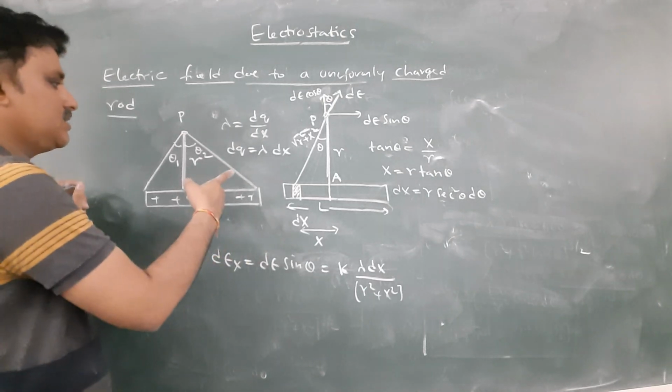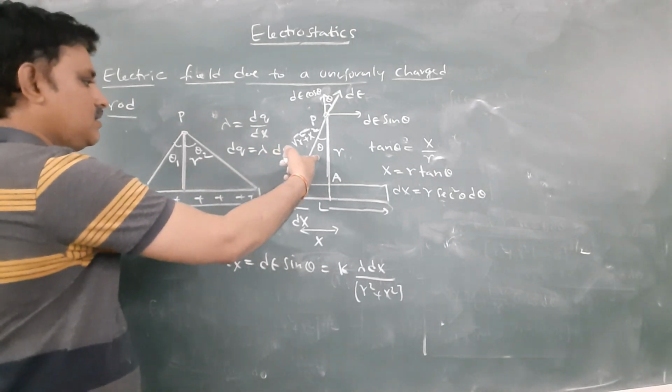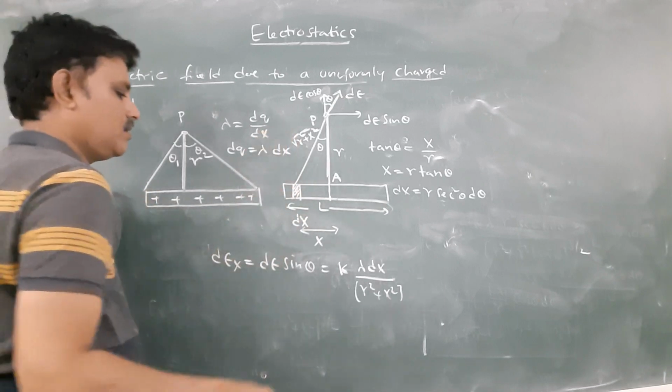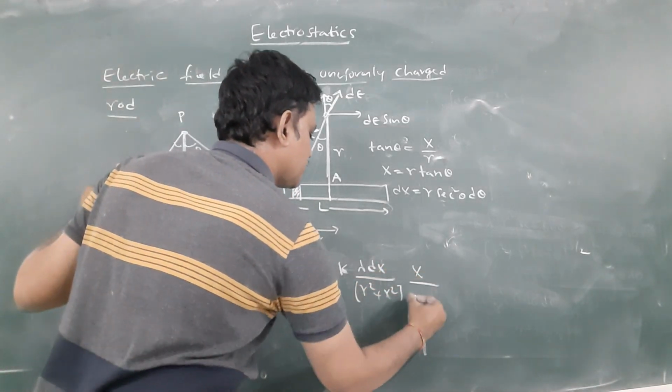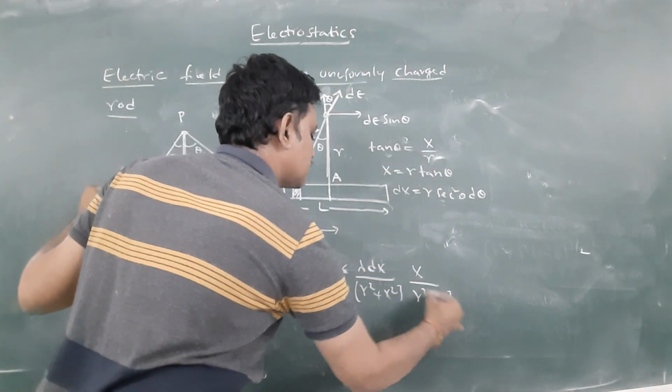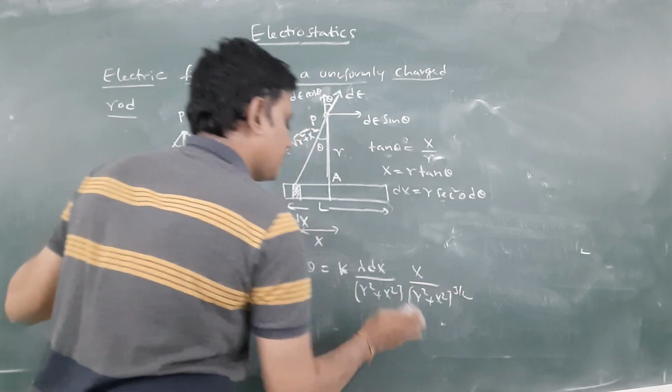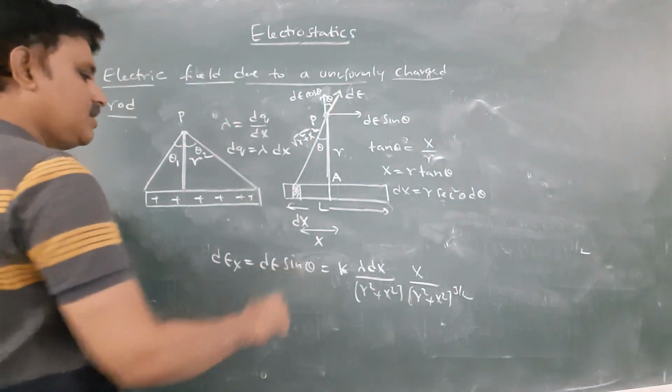Here sin theta is opposite side by hypotenuse, so x by r square plus x square whole power 3 by 2. That is dEx.